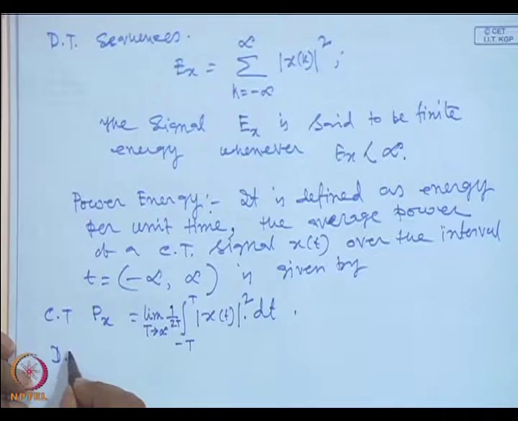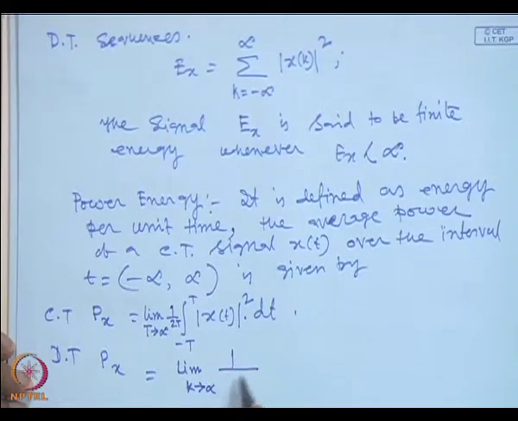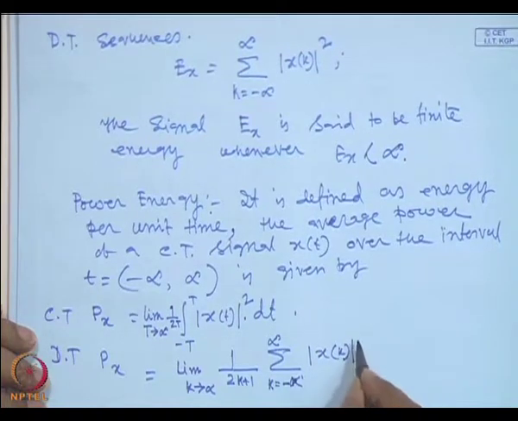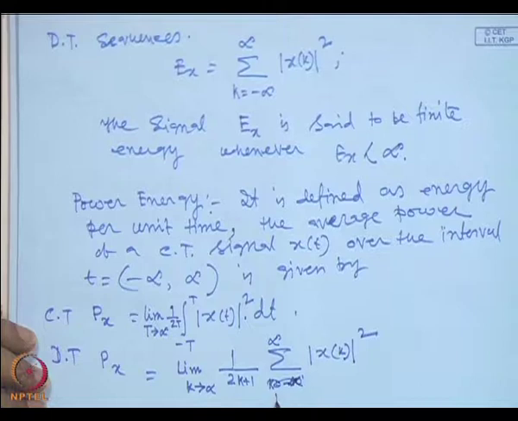And in the discrete time case, P of x is limit K tends to infinity of 1 by 2K plus 1, summation of mod of x k whole square, where instead of writing k from minus infinity to infinity, you write k from minus capital K to capital K, and capital K tends to infinity.